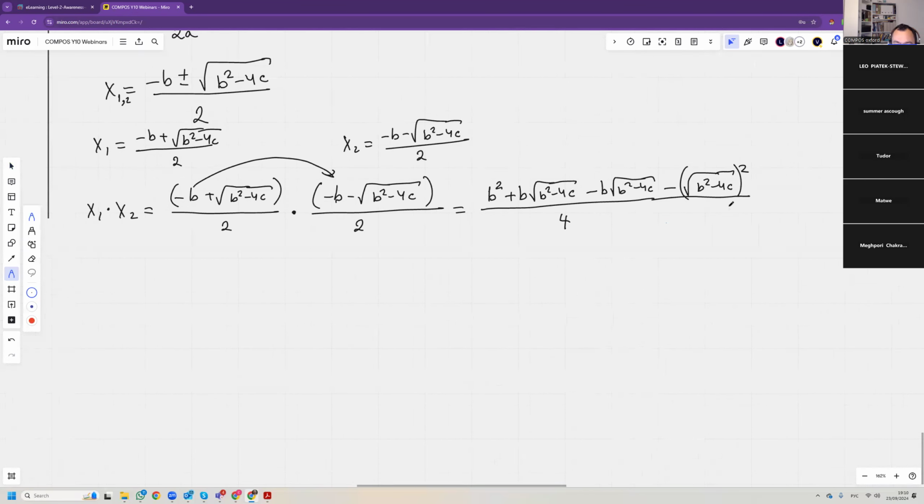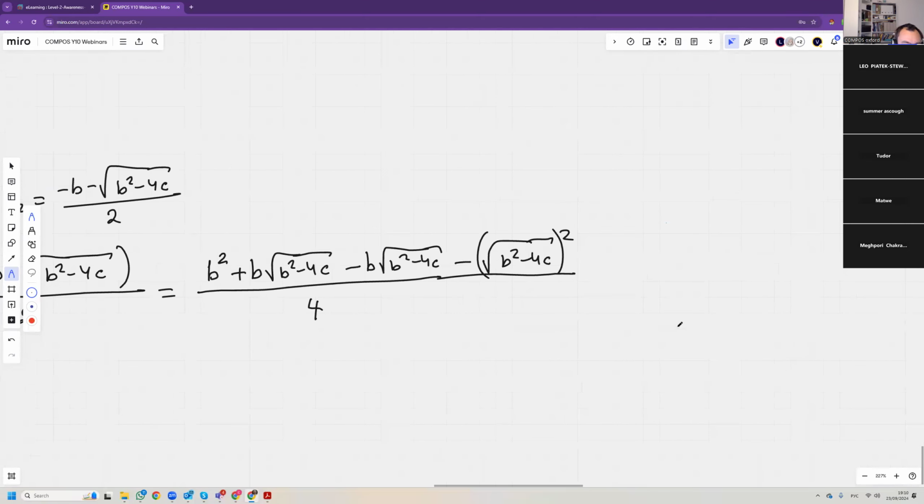Okay, so now here, when you start simplifying, this nasty thing and this nasty thing kind of cancel out because they're the same. This minus that. And this becomes minus the square root squared, but the square root of a squared is a.